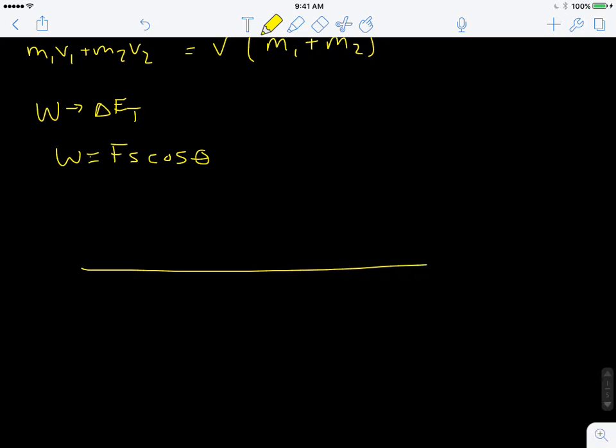A very simple example: we have a block on a tabletop and we apply some force at an angle. The angle is relative to the horizontal, and we move the block some distance, I'm just going to do a solid line here, some distance s.